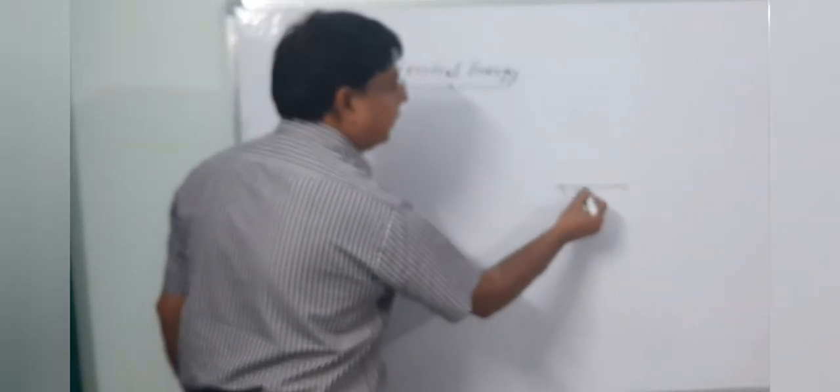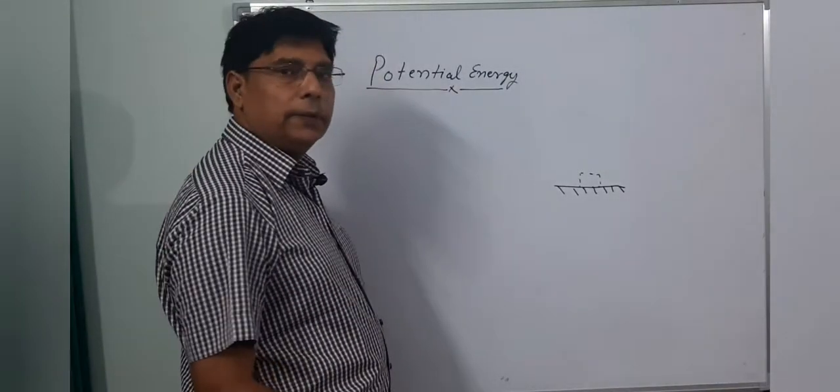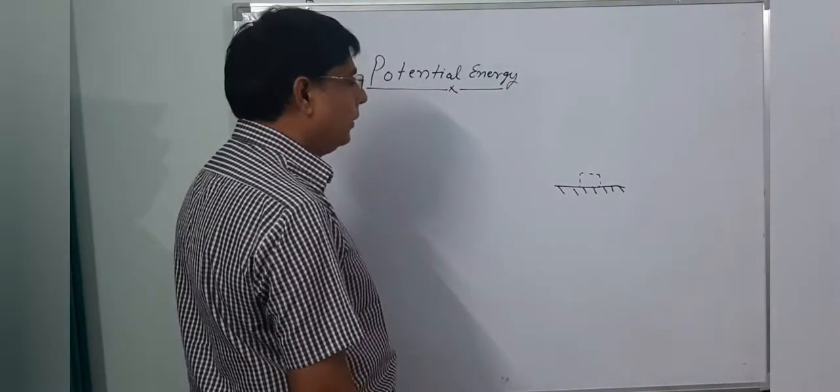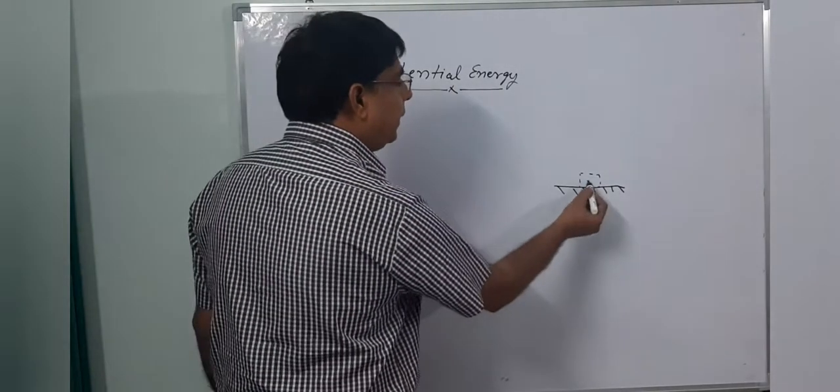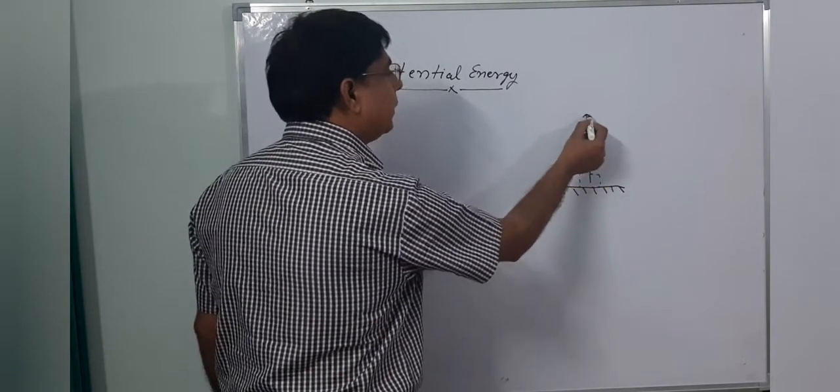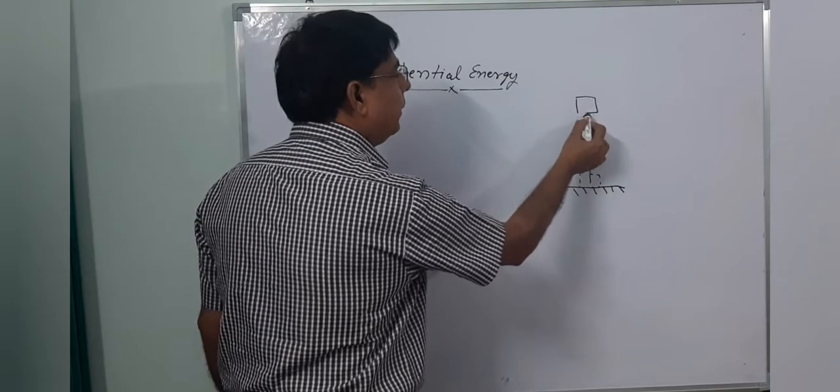Suppose we have an object initially placed on the surface of earth. Suppose the object is placed on a surface and we raise it in the upward direction against gravity.